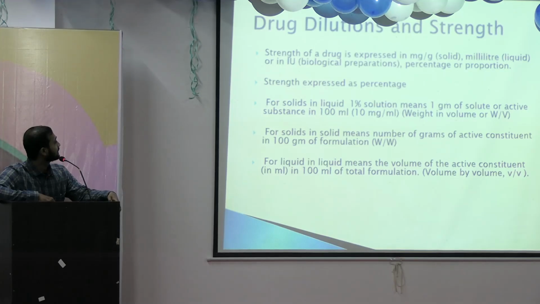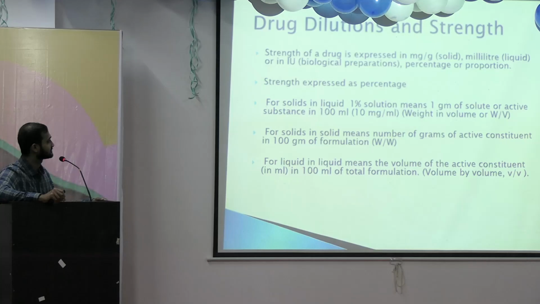Now about drug dilution and its strength. We know that solid drugs are expressed in milligrams, and liquids are expressed in milliliters, and in the case of biological preparations we express it in international units, sometimes percentage, or in proportions.